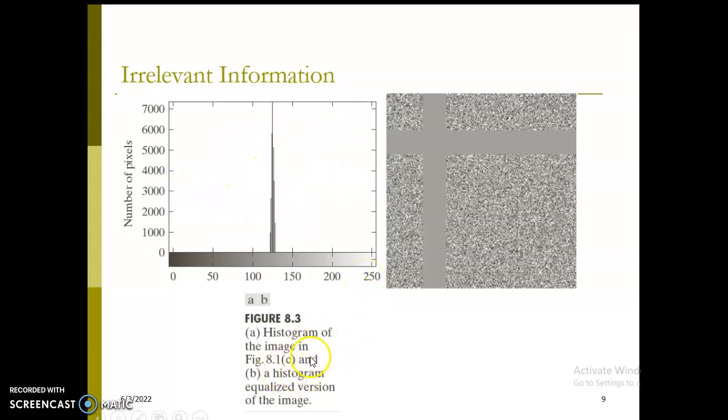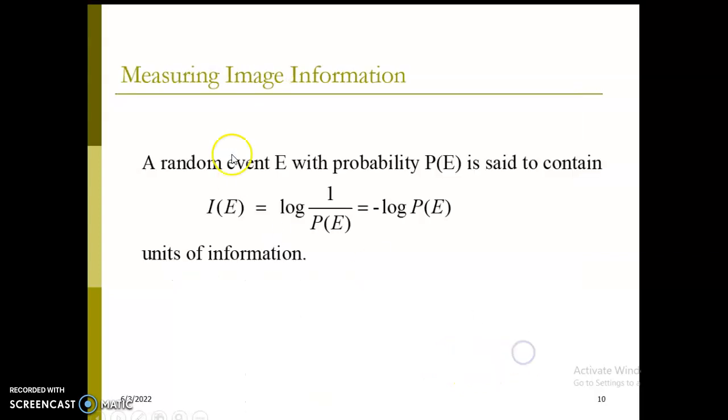Histogram of image A, and then histogram of a histogram equalized version of the image. 256 cross 256 cross 8 divided by 8 equal to 65,536, ratio 1.